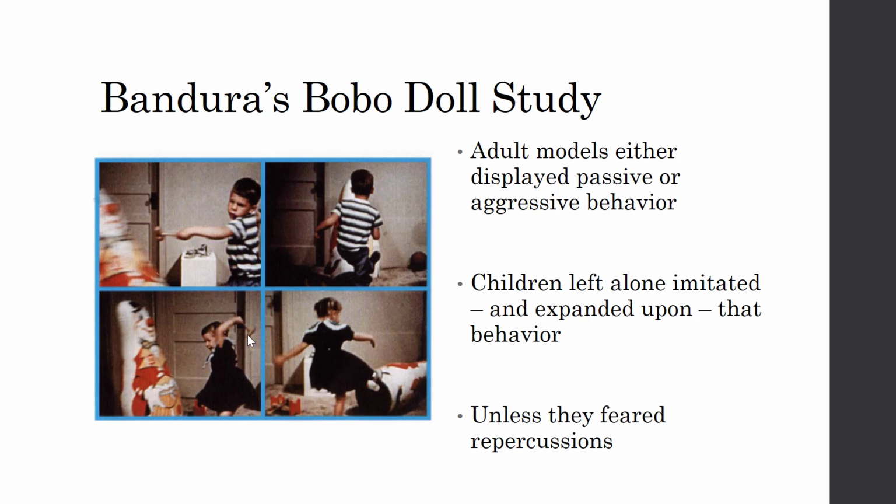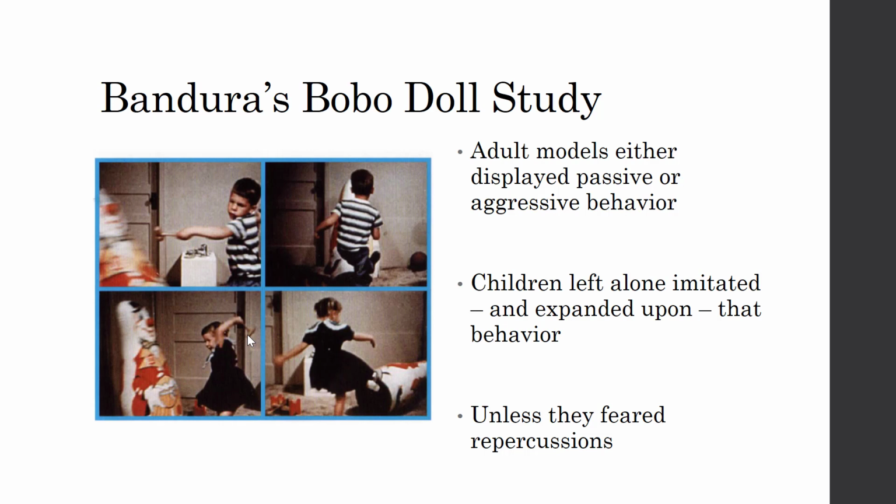And so we invited boys and girls from a set of schools to come in and to test the effect of viewing adult models. Right? So adult models either displayed passive behavior or aggressive behavior. And the third condition, they had the children come in without having the adults present, as a control versus two different types of adult behavior, passive or aggressive behavior.